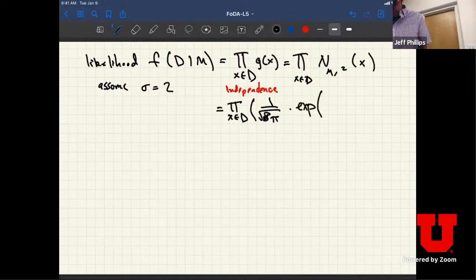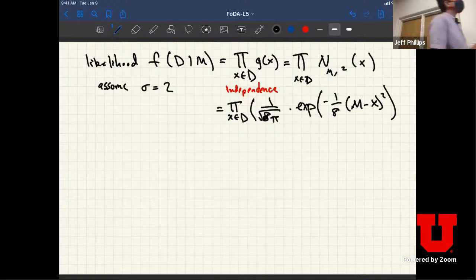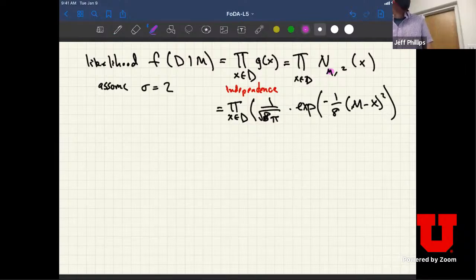The exponent is negative, and the denominator is 8, times the model minus x, squared. It didn't matter whether I centered the normal distribution at the model, that's the noise, and evaluated the data, or the other way around, because it's symmetric in how it uses those terms.